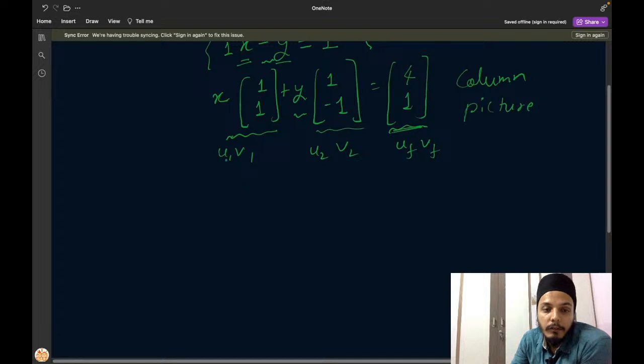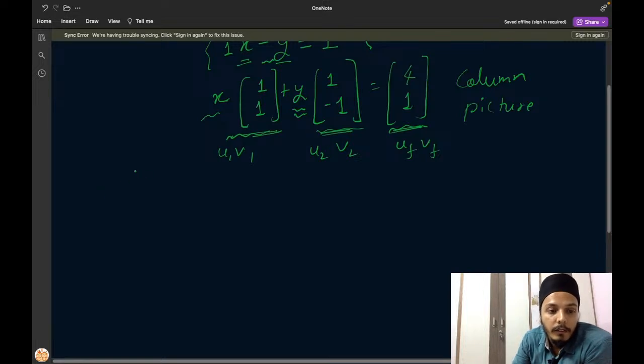So what we do is, we plot these two vectors, and then we find x and y, so that some linear combination of x and y will take us to the resultant vector, that is 4 comma 1.